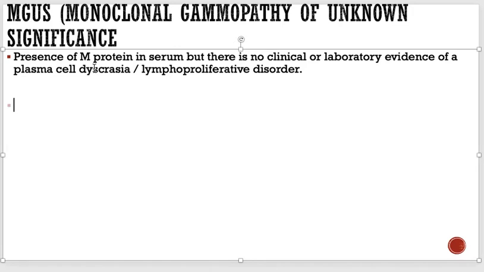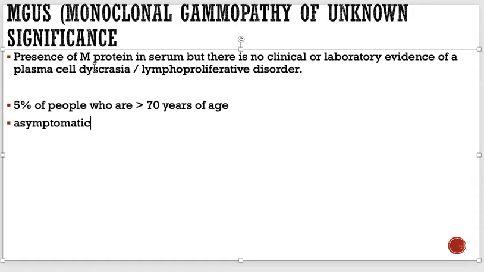This is a very common condition. It is present in 5% of people who are greater than 70 years of age. And the other thing is, this condition is asymptomatic.